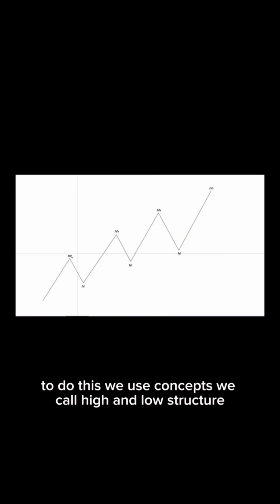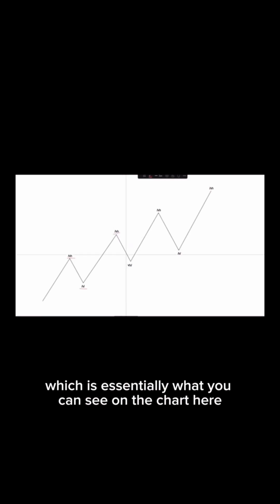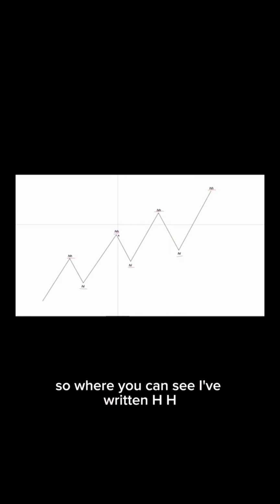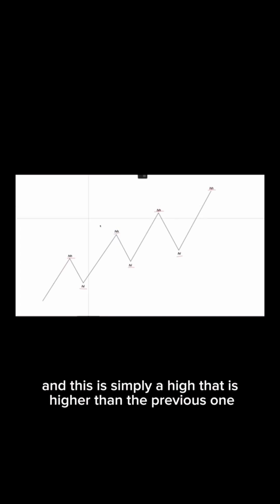To do this, we use concepts we call highs and lows structure, which is essentially what you can see on the charts here. Higher highs and higher lows indicate an uptrend. Where you can see I have written H, this is a higher high, and this is simply a high that is higher than the previous one.